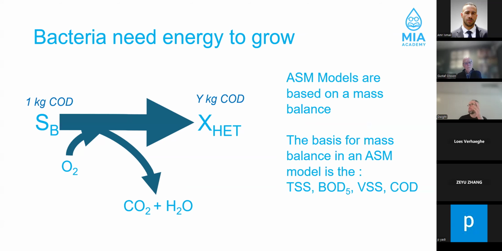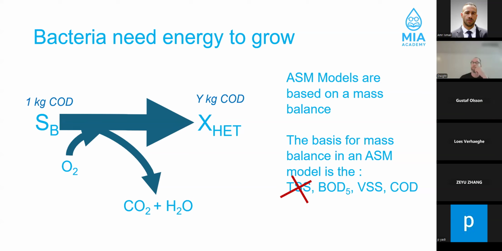Okay, so the other thing to note here is that ASM models are based on a mass balance, and Gustaf talked about that as well. And that's a very powerful tool we have, the mass balance, because it allows us to do some additional math. So a little bit tongue in cheek here, but the basis for mass balance in an ASM model is the TSS, it's the BOD5, it's the VSS, or the COD. So it's not the TSS. Important to know that.